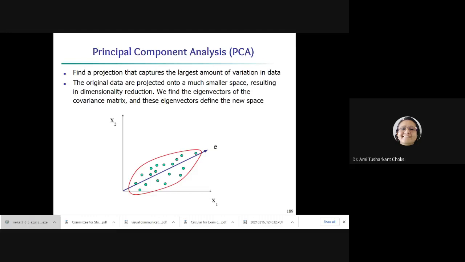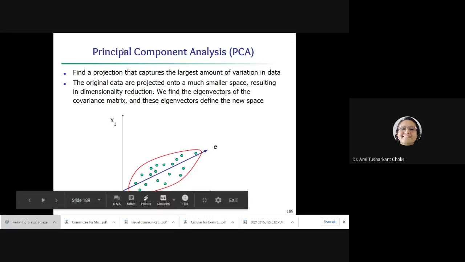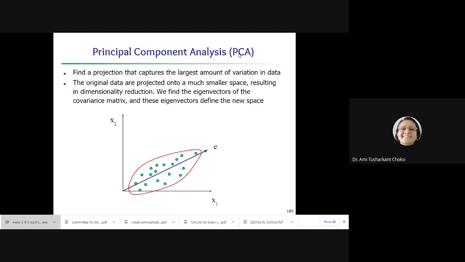Next, we want to learn principal component analysis. What is that? With this, we are reducing the data, right? We are learning the data reduction techniques, including dimensionality reduction and numerosity reduction. Here, we find a projection that captures the largest amount of variation in data.